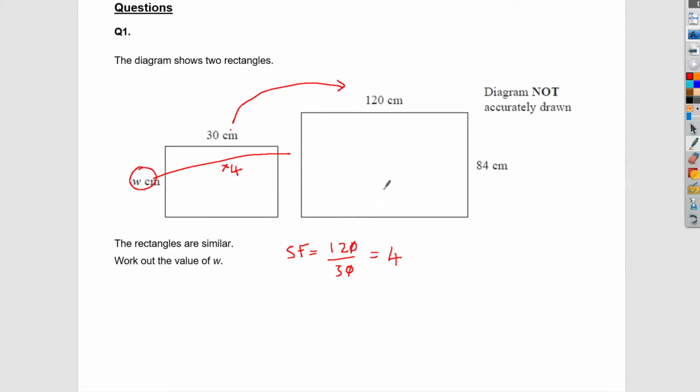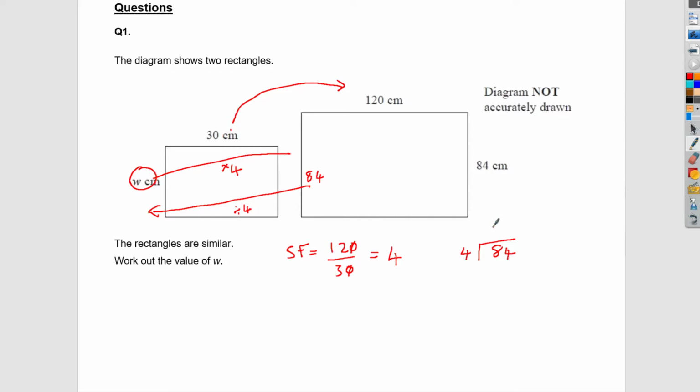Now if we want to go the other way around to reverse, going backwards, since we know this side is 84, if I want to go the other way, instead of timesing, I divide by 4. So I divide 84 by 4.